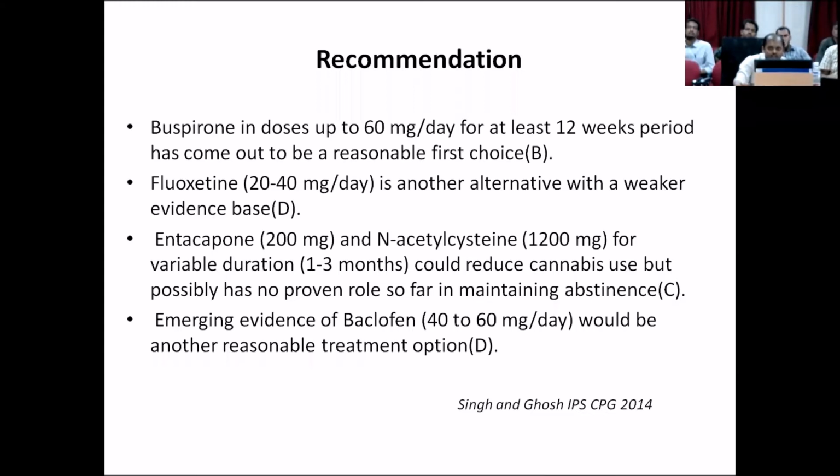And N-acetylcysteine, for which data is coming of late, has been included in the C option, but recent studies are quite promising, and those studies have probably not been covered in these clinical practice guidelines. So in future, N-acetylcysteine and baclofen may come up as more promising agents.